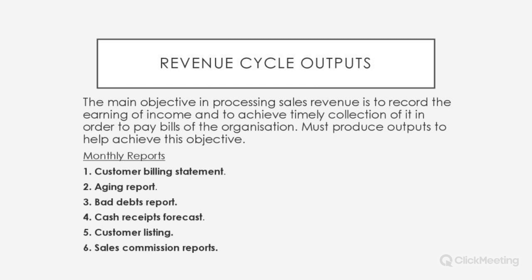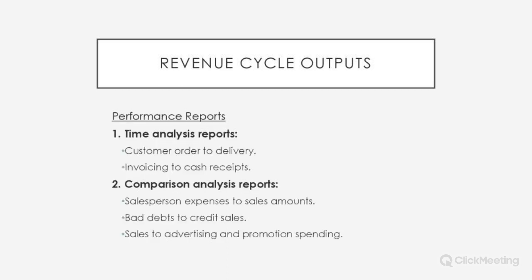Now, the main objective in processing a sales revenue is to record the earning of income and to achieve timely collection of it in order to pay the bills of the organization. That keeps the business running, right? If you don't have timely collection of revenue, then you won't be able to pay the bills. Hence, the business will be stuck. Probably going concern risks will arise.